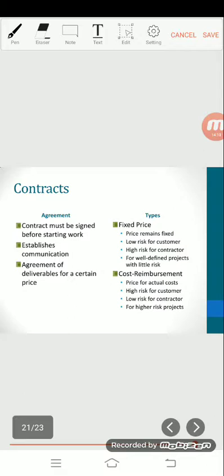This type of contract is low risk for the contractor because the customer will reimburse all costs. The contractor cannot lose money on this type of contract. Cost reimbursement contracts are most appropriate for projects that involve risk.